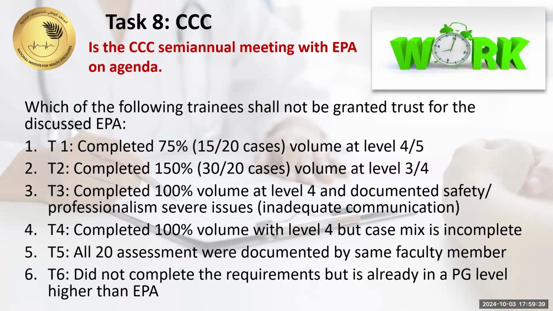Would you be impressed by the volume? Would you be impressed by the note to the CCC, the incompleteness of the case mix, the possible problem with 1 only faculty member and possibility of a bias, or, well, it's already advanced, let them give it.